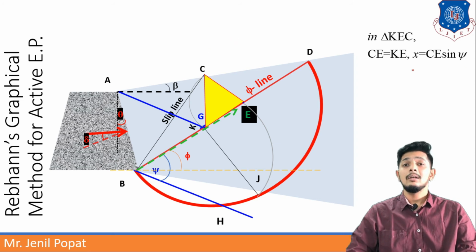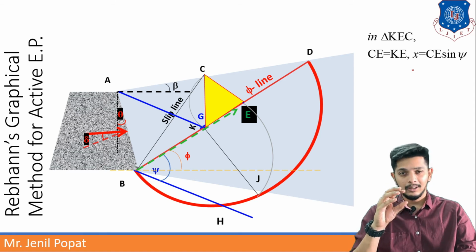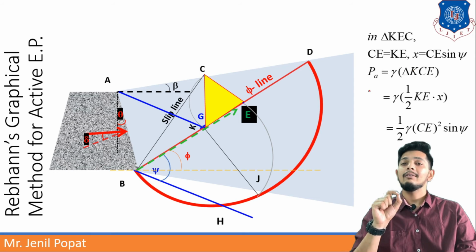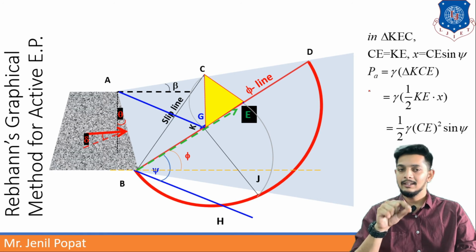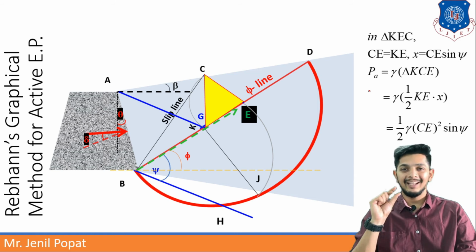So these are iterations, or results or conclusions from this graphical method. Now to calculate area of KEC, I will do PA is equal to gamma into area of triangle KCE or KEC. Area into gamma will give you the active earth pressure amount exactly from the graph.